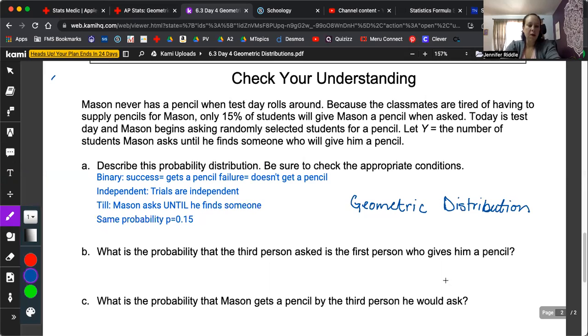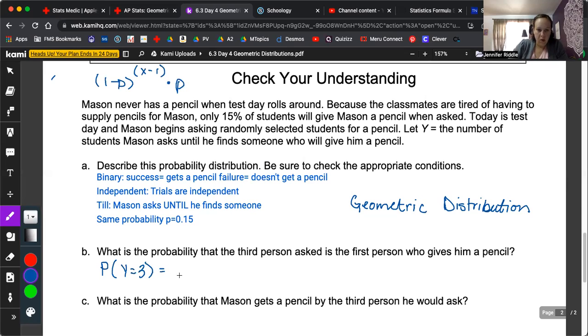Part B asks, what is the probability that the third person asked is the first person who gives him a pencil? So we're looking at the probability of y, someone giving him a pencil, happening on the third person. I'm using my geometric formula, which we said was 1 minus p raised to the x minus 1 times p.